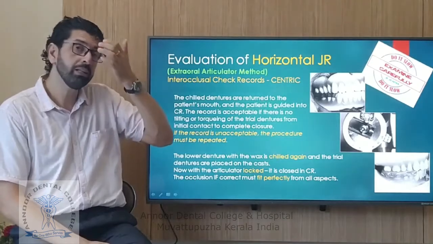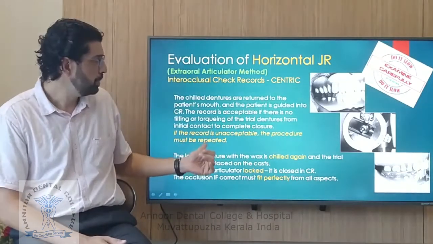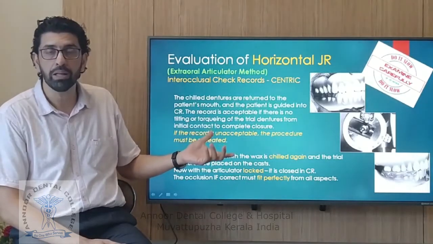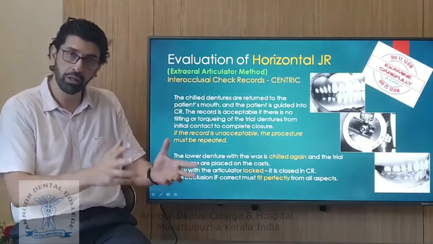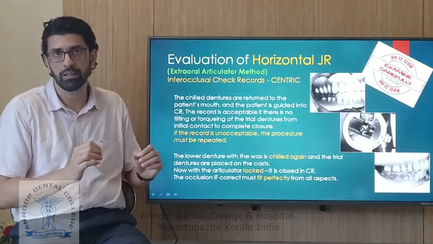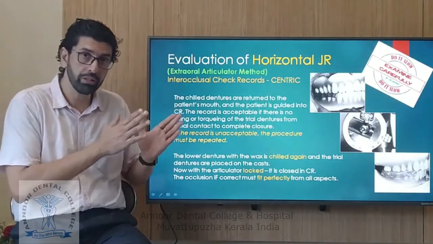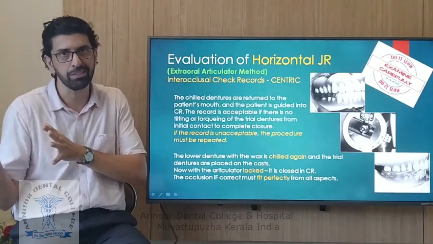Okay. Once the record is good and it's acceptable to you, you're going to then take the mandibular denture, wash it from his mouth, chill it, put it on the cast, and you're going to lock the articulator in centric. Depending on whether it's arcon or non-arcon, find out where the centric is, because it's another whole thing in itself.